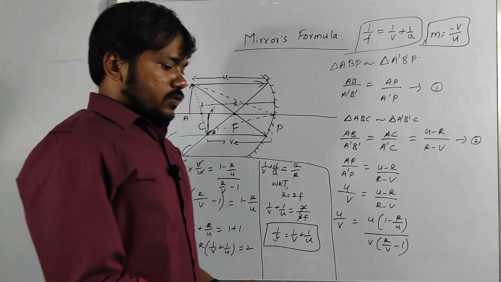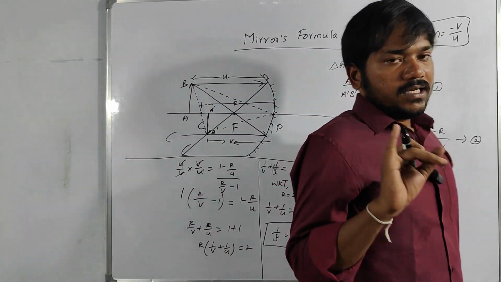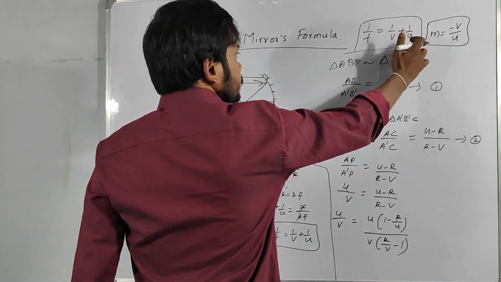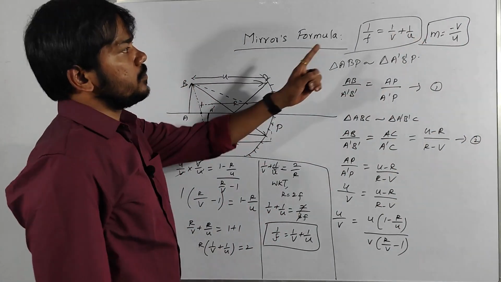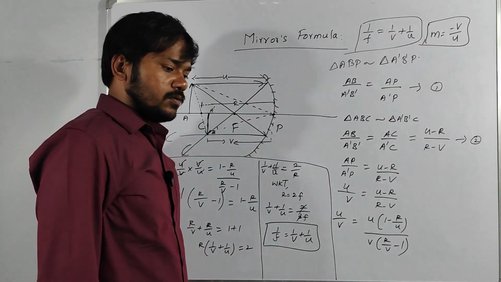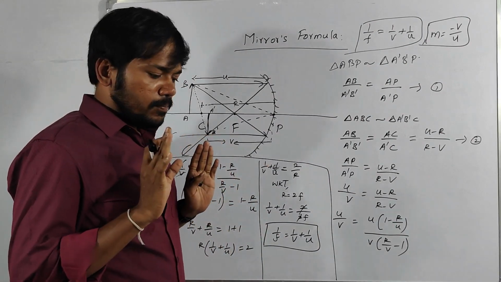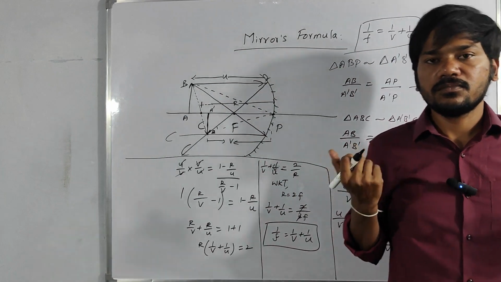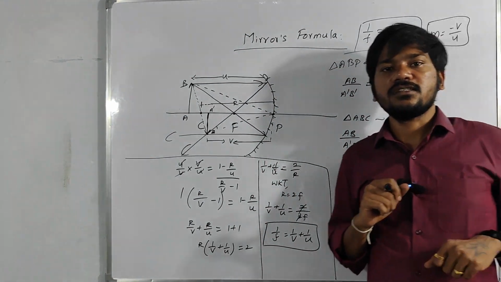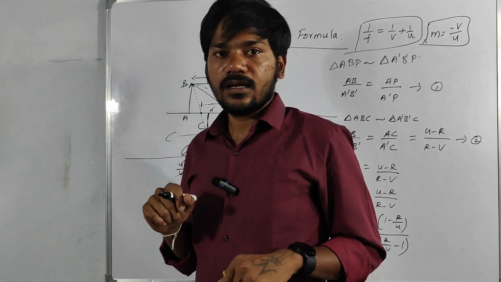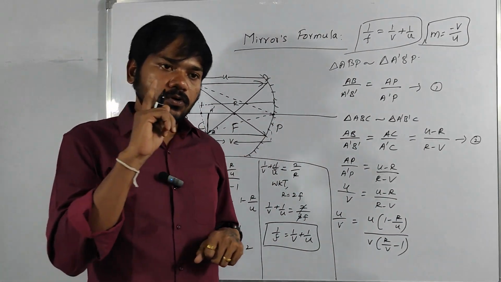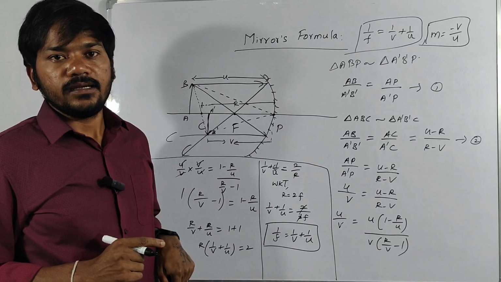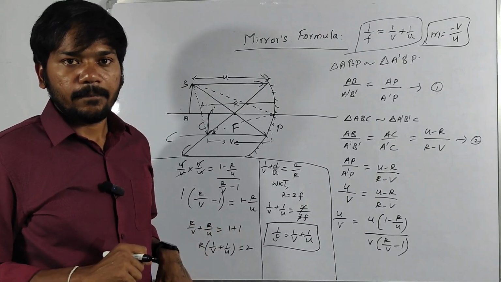So using the sign convention, we'll give the values some sign and substitute them in the formula, 1 by f is equal to 1 by v plus 1 by u, or m is equal to minus v by u. In such a way, we will simply and easily do the numericals involved. How simple is this? That is why sign convention is mandatory. Clear, no? Okay. To prove the behavior of the image with respect to the object mathematically, we require some sign convention.